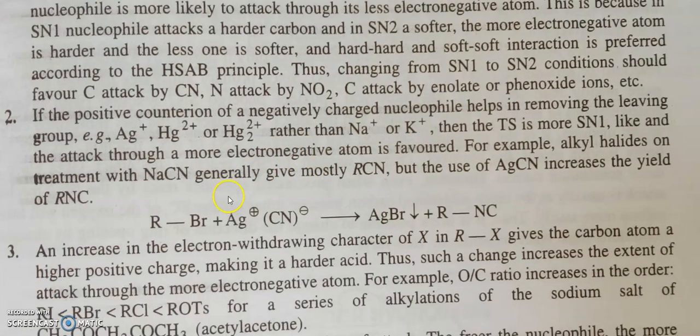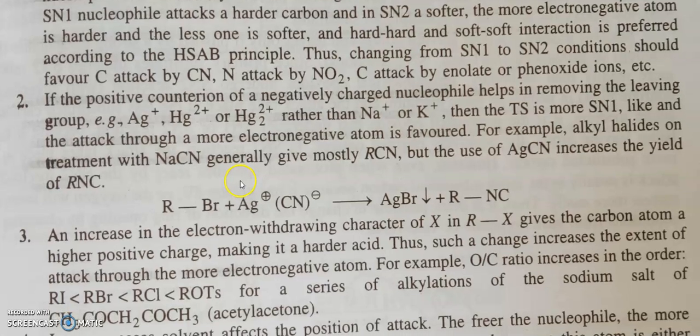The second important point: if the positive counterion of the negatively charged nucleophile helps in removing the leaving group, for example silver plus or Hg2 plus, rather than sodium plus or potassium plus, then the transition state is more SN1 like and attack through the more electronegative atom is favored.